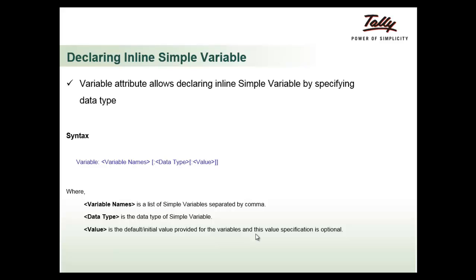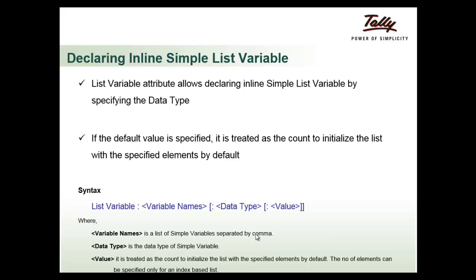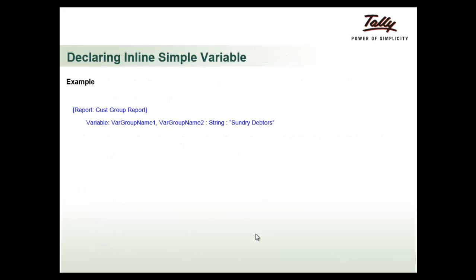So we can declare inline variables by saying variable: give the variable name and its data type and its value. So this is how you can declare an inline simple variable at any scope. And in the same way, you can do inline declaration of multiple variables also, if they are of the same type and having the same initial value.